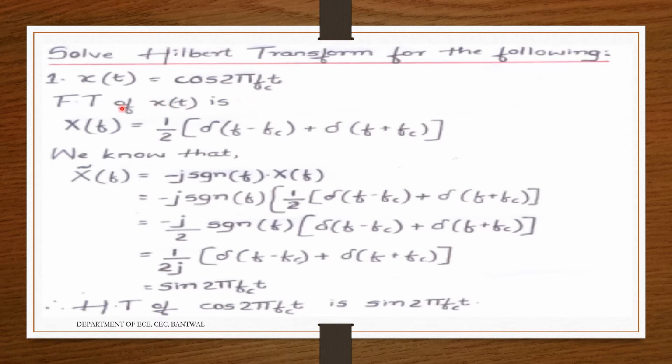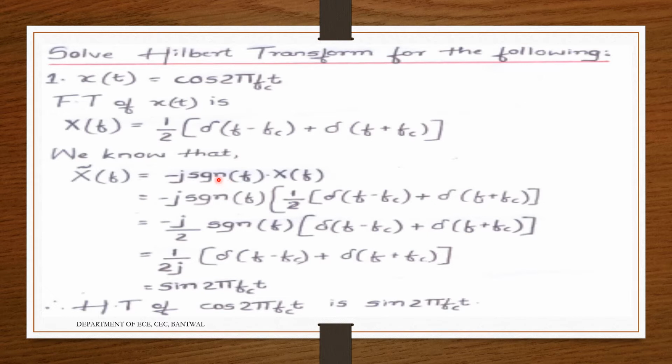First, we need to consider the Fourier transform of x of t. x of t is represented by capital X of f, which equals half of delta f minus fc plus delta f plus fc. So we got that one. We know that X cap of f equals minus j signum of f into capital X of f.